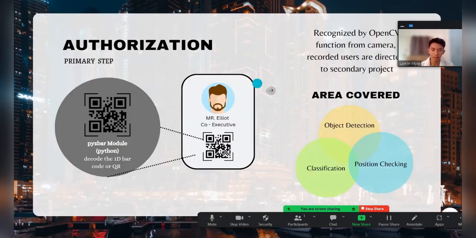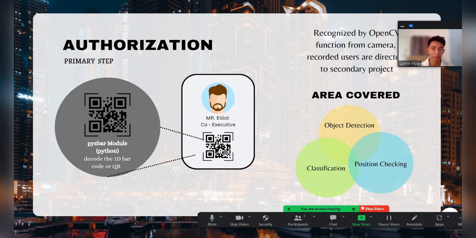So let's get started. The first step is the authorization. We could do computer vision projects in a tedious way, but we don't want that, so we put some interesting storylines and tags throughout our whole project.